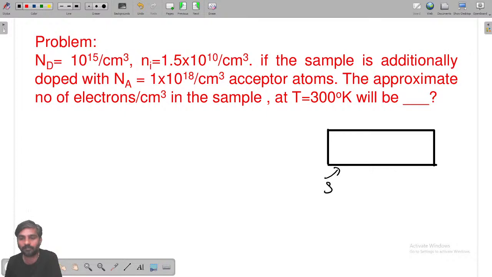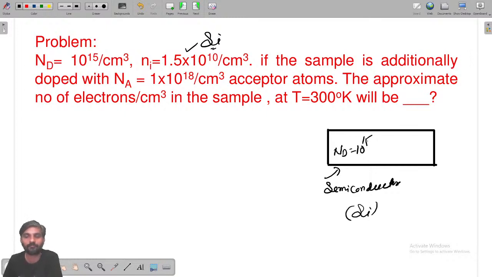This semiconductor has an ND value of 10 to the power of 15, and an intrinsic concentration; you can consider it a silicon semiconductor. Initially it is N-type because of this ND, the donor concentration. Later on it will become P-type.